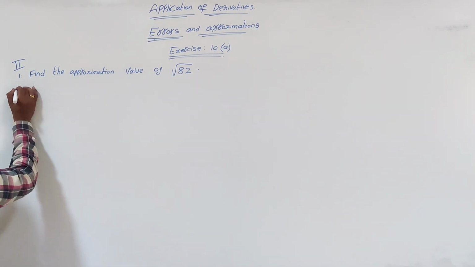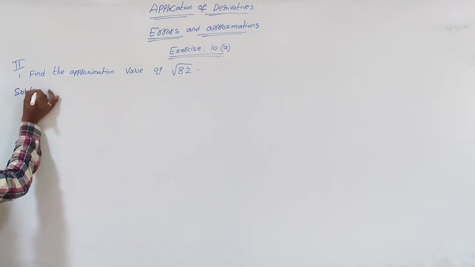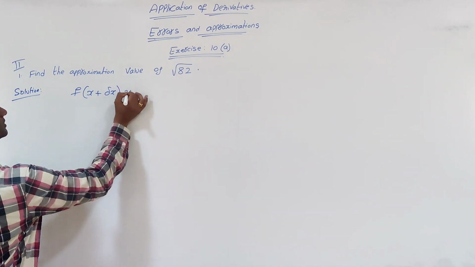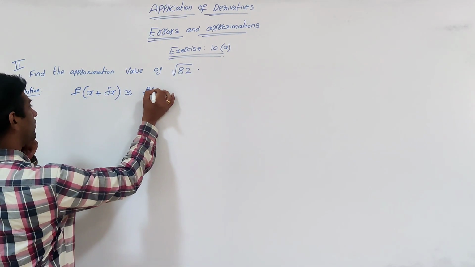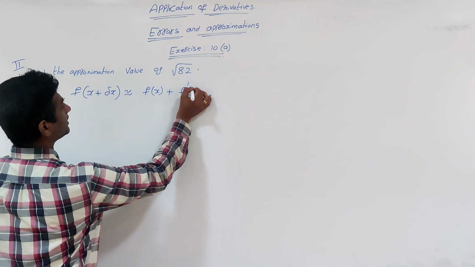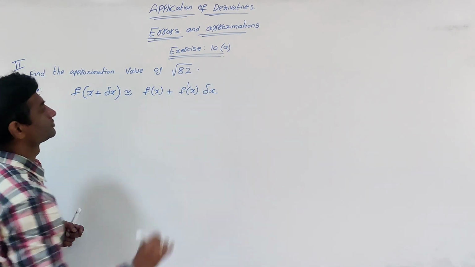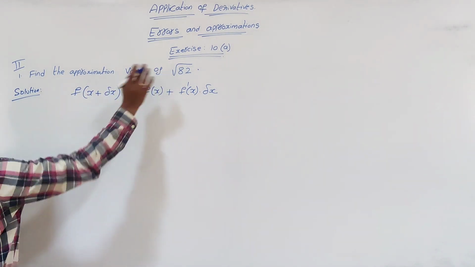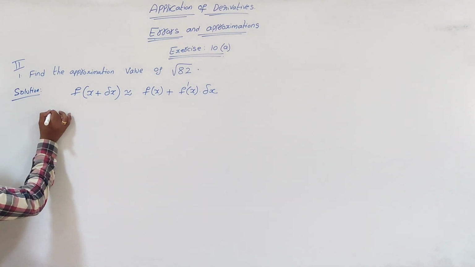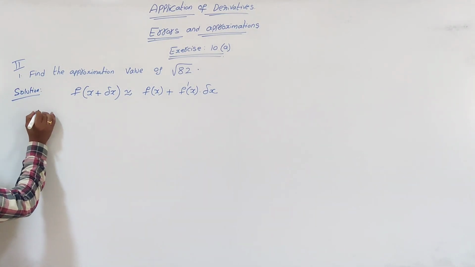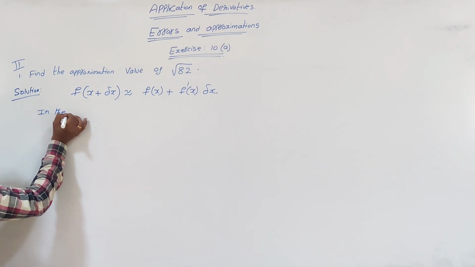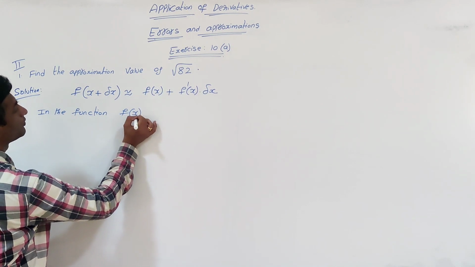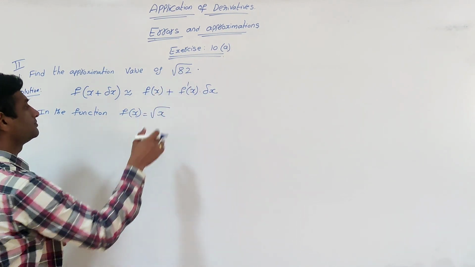So we have seen the formula for finding the approximation. F of x plus delta x is approximately equal to f of x plus f dash of x into delta x. Now in the given function, f of x is equal to root x, means x may be anything.